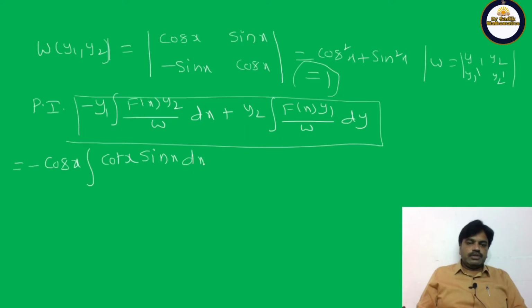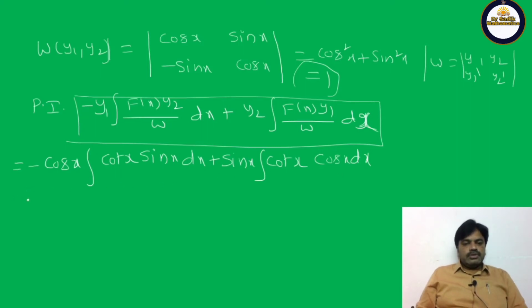So that is minus cos x integral of cot x sin x dx plus sin x integral of cot x cos x dx.